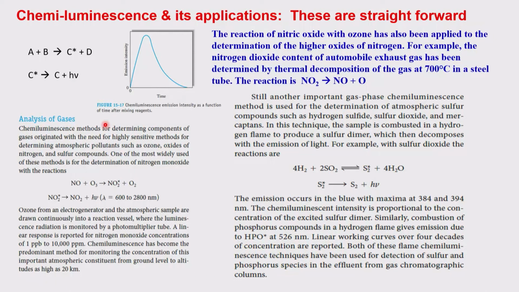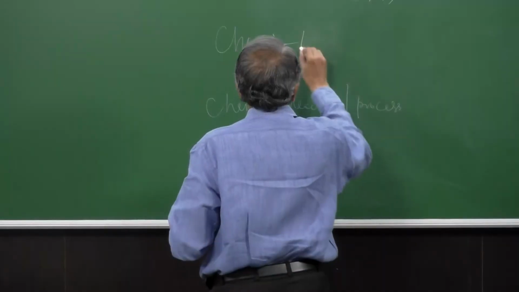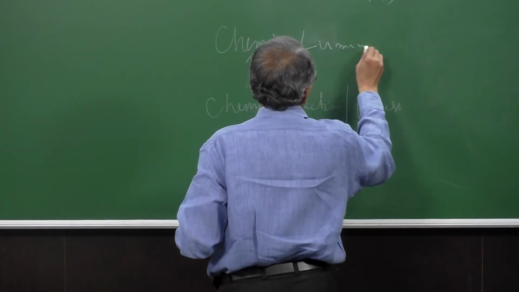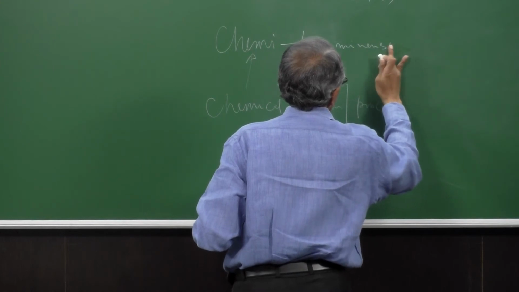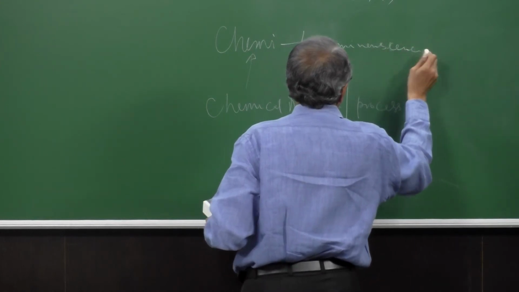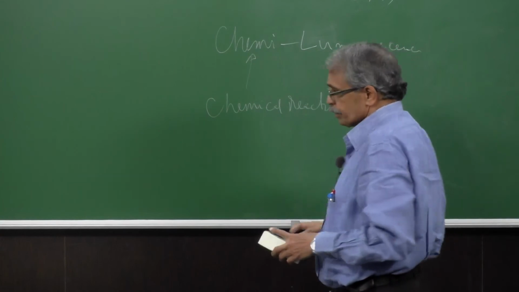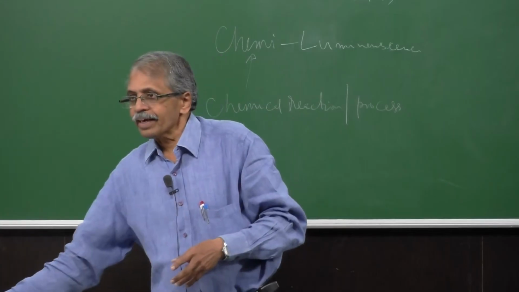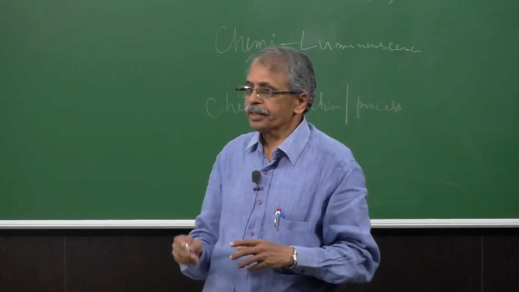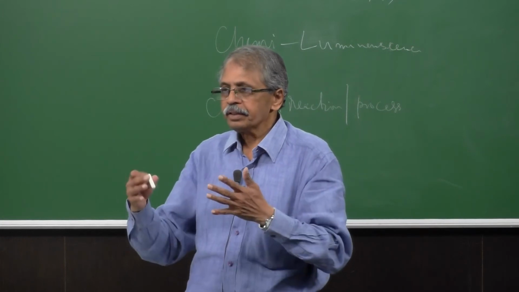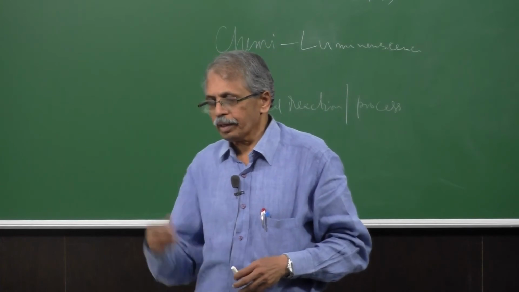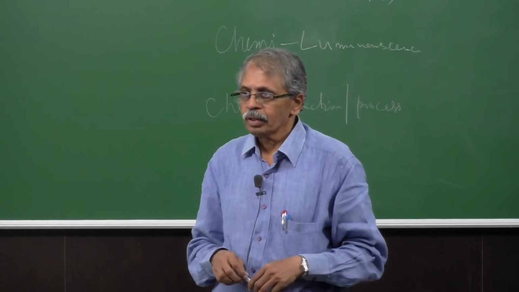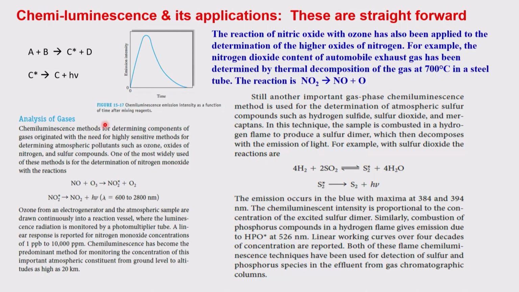That is what chemiluminescence is: the chemical reaction brings the excitation, and then the excited state automatically comes to emission. Therefore that emission is called chemiluminescence instead of fluorescence.